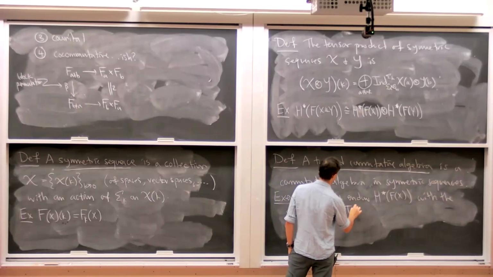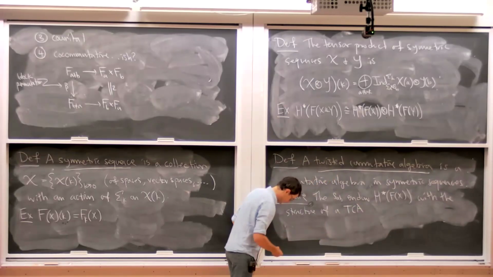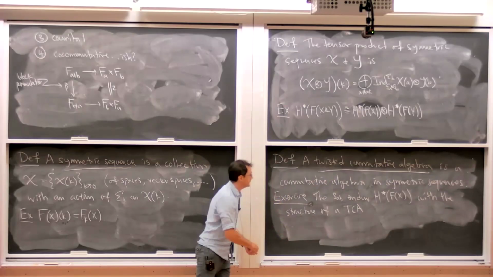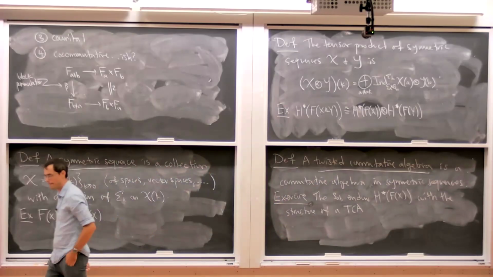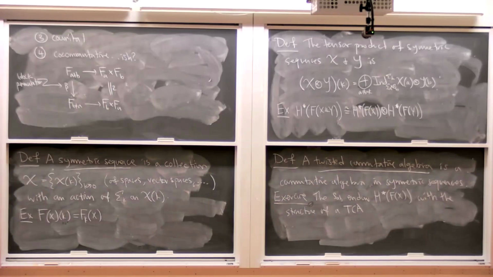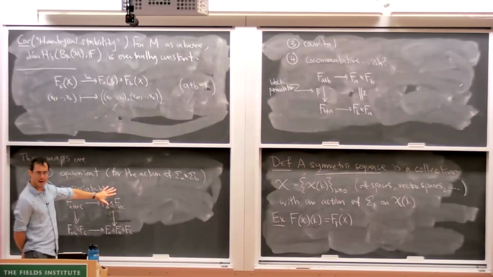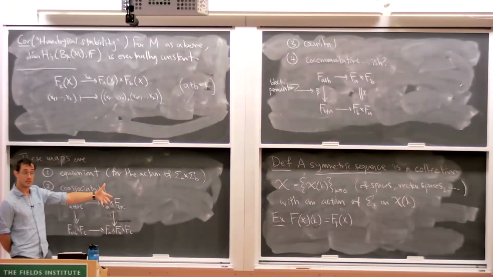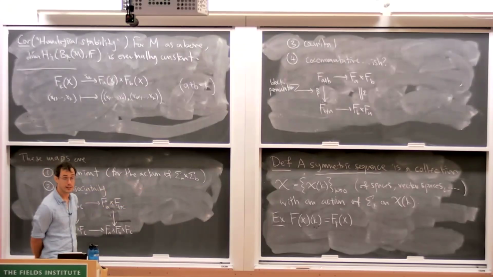So we'll abbreviate to TCA. Questions so far? So far, all we've done is observed some maps in nature, and now we have an axiomatization of the induced structure at the level of cohomology.